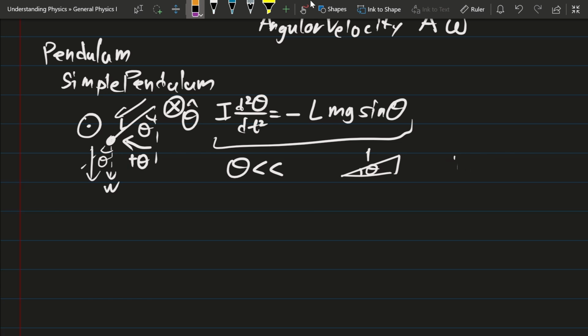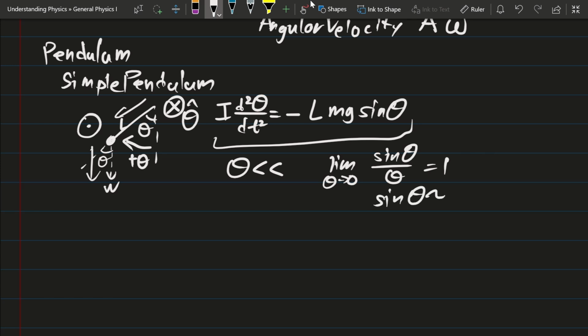Instead, we already know that the limit when theta goes to 0 of sine theta over theta is 1. So this basically means that as long as theta goes very close to 0, you could represent sine theta to be approximately theta, as long as theta is in radians.